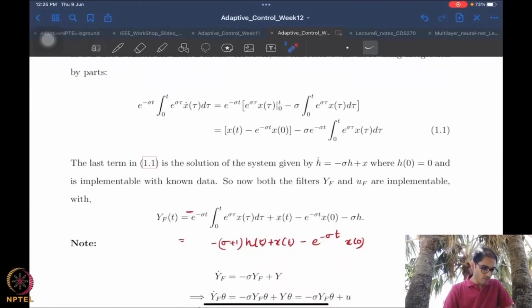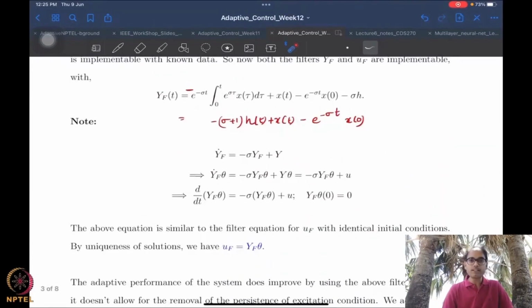Now let's look at some properties of these filtered variables. If you remember, even in the projection based adaptive control design, we tried to write the dynamics in terms of the filtered variables also, right?